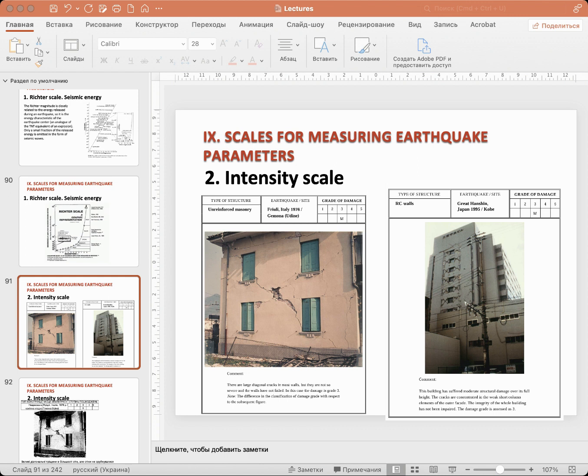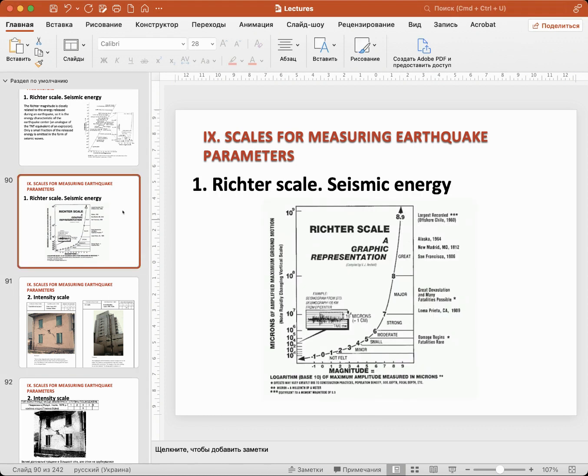And by the way, it is important to know both scales, because only understanding each of those scales gives us the ability to understand the complete earthquake situation, which is connected with certain destructions, with certain effects on the ground surface, with certain effects underground, and with the amount of energy emitted from the source of the earthquake. Last lecture we discussed the Richter scale and the amount of energy.